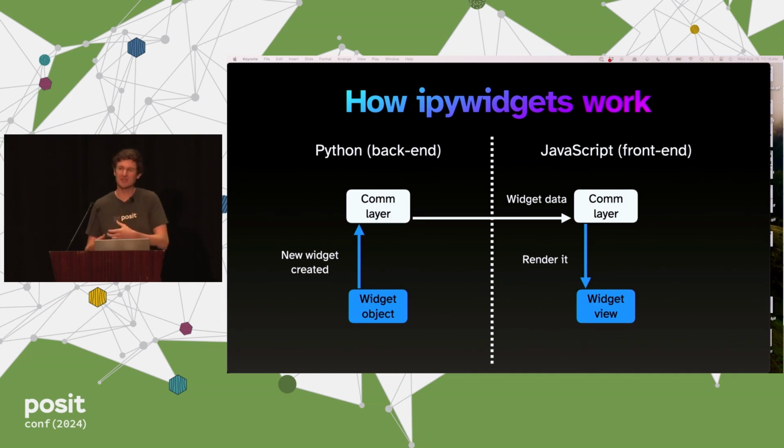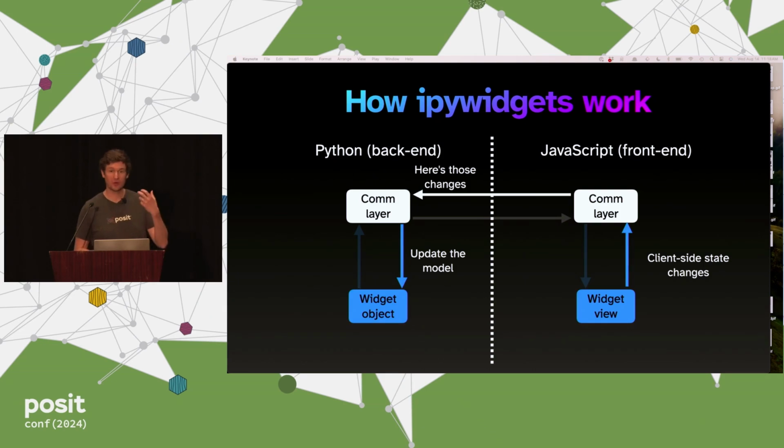So it receives some data from the widget, passes that along to a front end where there's a similar communication layer. And then that communication layer will know how to get to the necessary JavaScript libraries and take that data and actually render it as an interactive view.